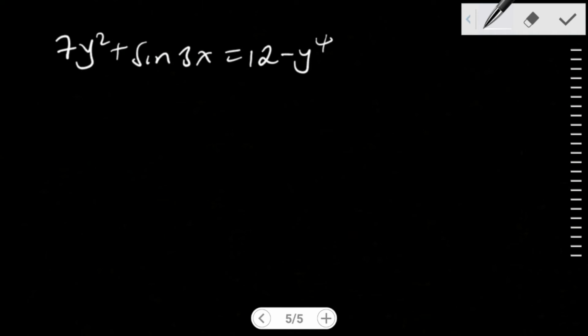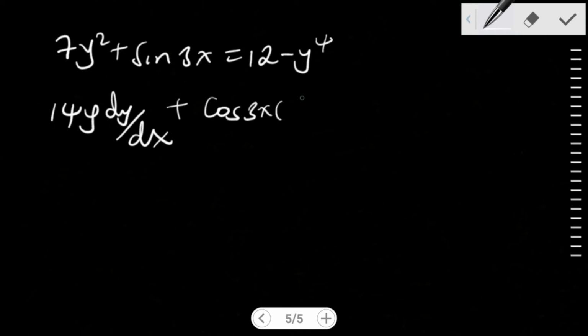So here I'm going to say this is going to be 14y dy/dx plus cos of 3x into 3, which would be equal to 0 for the constant, and negative 4y power 3, because this is going to give us a 0, and if we differentiate this, we are going to get negative 4y cubed dy/dx.